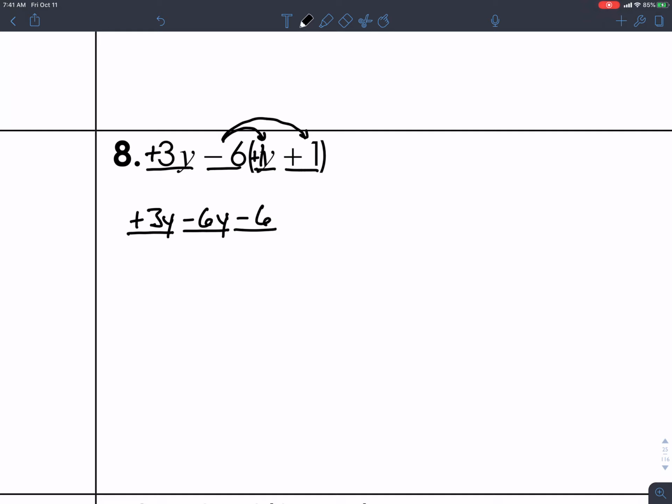Well, I got two terms with y's, so what's positive 3 and negative 6? That's negative 3y. The negative 6 over here on the end, that's by itself. There's no other constants, so that just goes there at the end, negative 6. And we're done. That's simplifying.